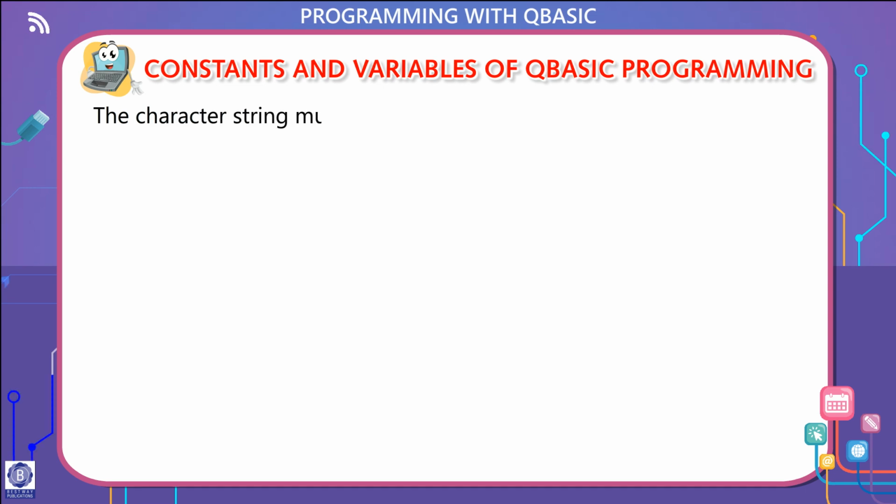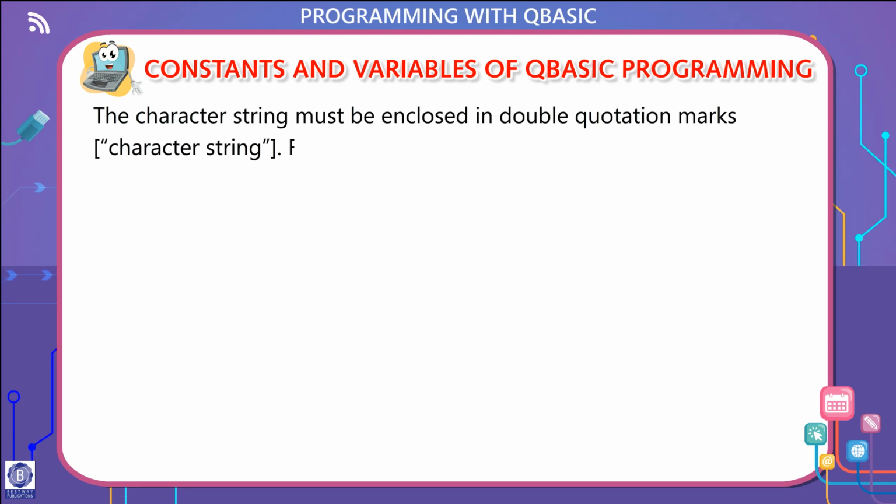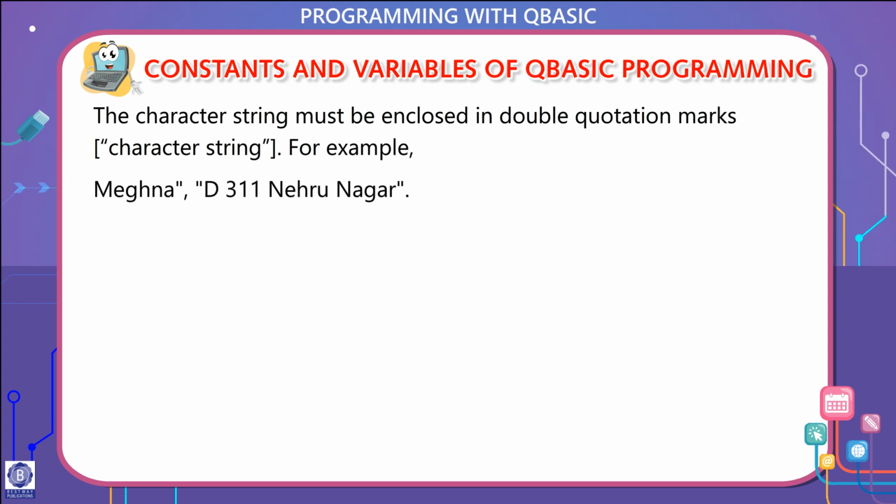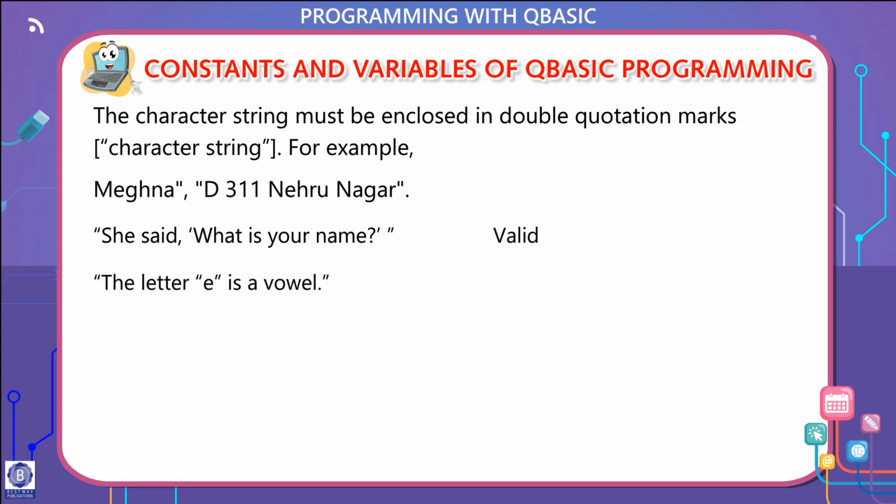The character string must be enclosed in double quotation marks. Character string examples: "Meghna", "D311 Nehru Nagar", "She said, 'What is your name?'" Valid. The letter E is a vowel. Invalid.